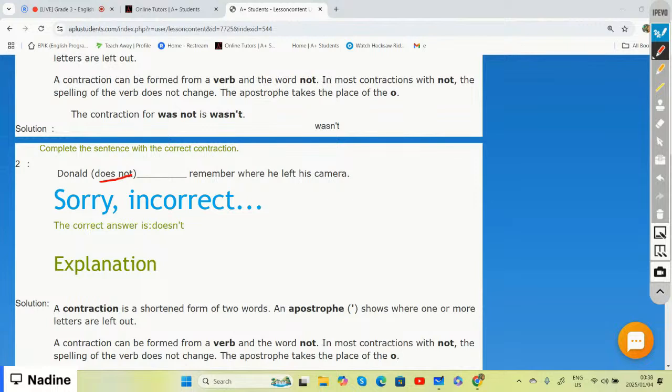Remember we said the verb stays the same, and in the word not we leave out the O. So does stays the same. With not, we leave the N, we remove the O with an apostrophe in its place, and we bring down the T, so doesn't. All right, so doesn't is correct.